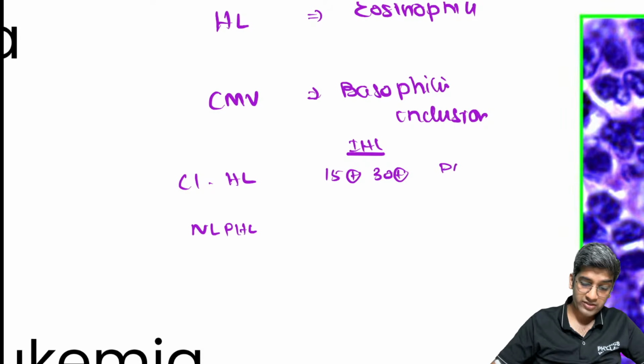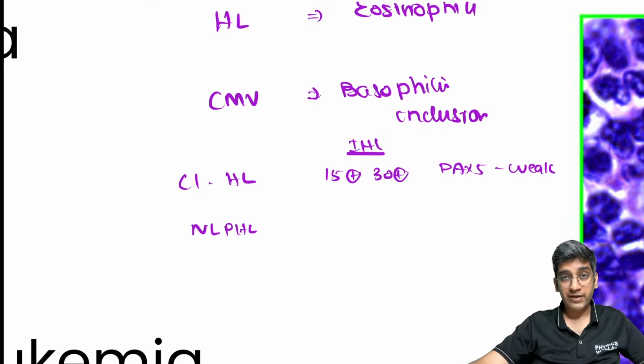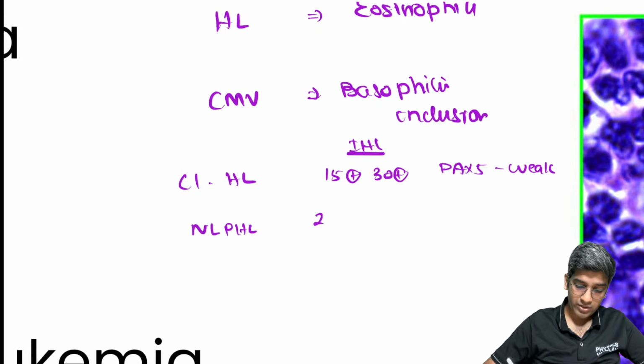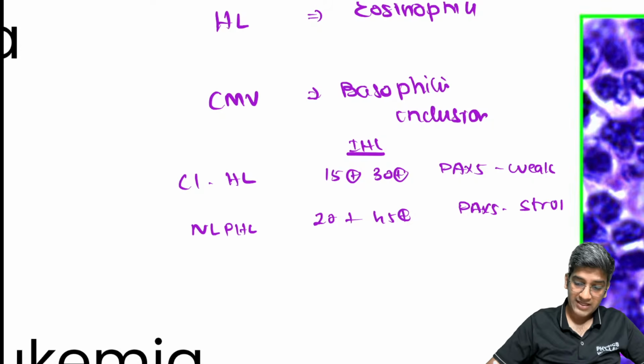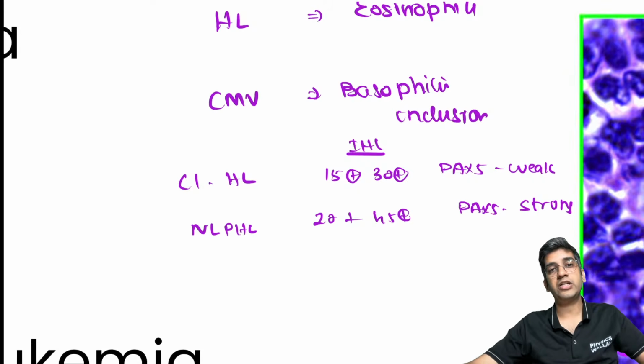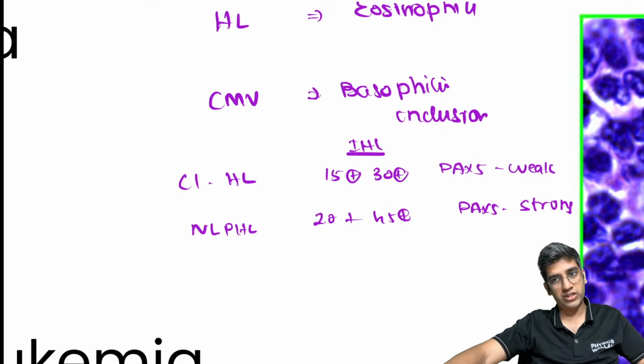The most important is this: PAX5 will be weak. Okay. In NLPHL, CD15 negative, CD30 negative. Instead, I have CD20 positive, CD45 positive. Again, the most important here is PAX5, which will be strong. PAX5 alone can help me differentiate whether it's NLPHL or classical Hodgkin's lymphoma, right?